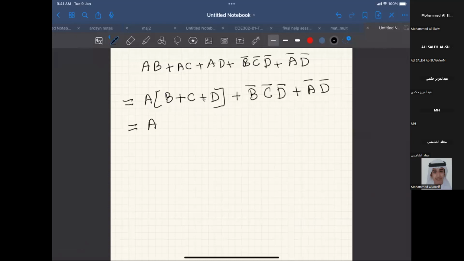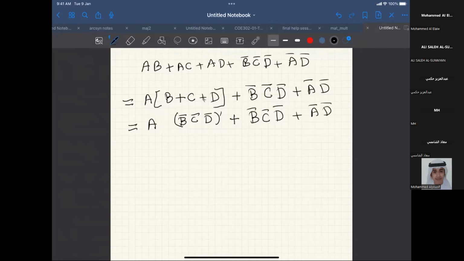Then using De Morgan's law, this is B complement, C complement, D complement. Isn't it, Abdulaziz, by De Morgan's law? Yes, doctor. And then B complement, C complement, D complement, formed with A complement, D complement.